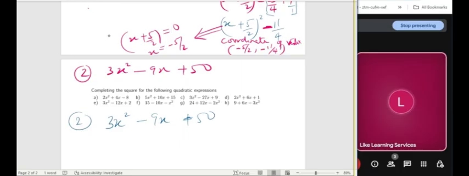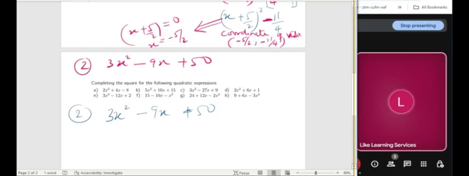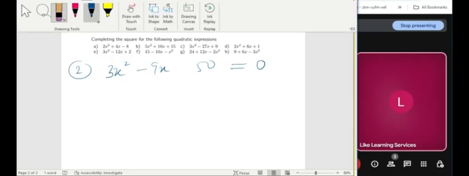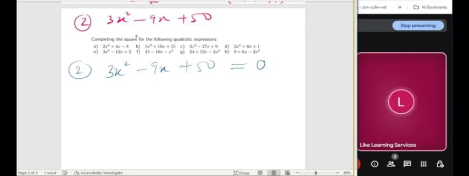If you are to complete the square, you won't throw the 3 away even after dividing. But that is different from if it was an equation. If that was equal to 0, that is now an equation. For an equation, whatever you do to the left-hand side, if you do it on the right-hand side, it's still valid, it's still logical. This one we can divide through by 3.